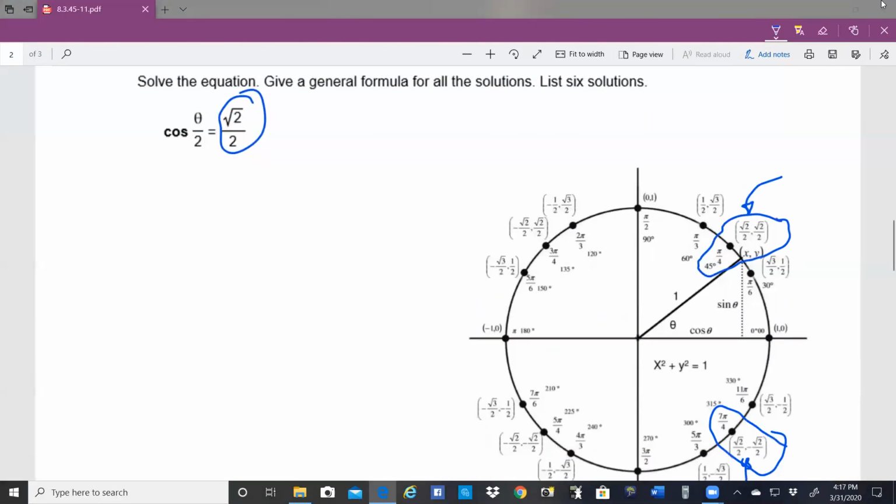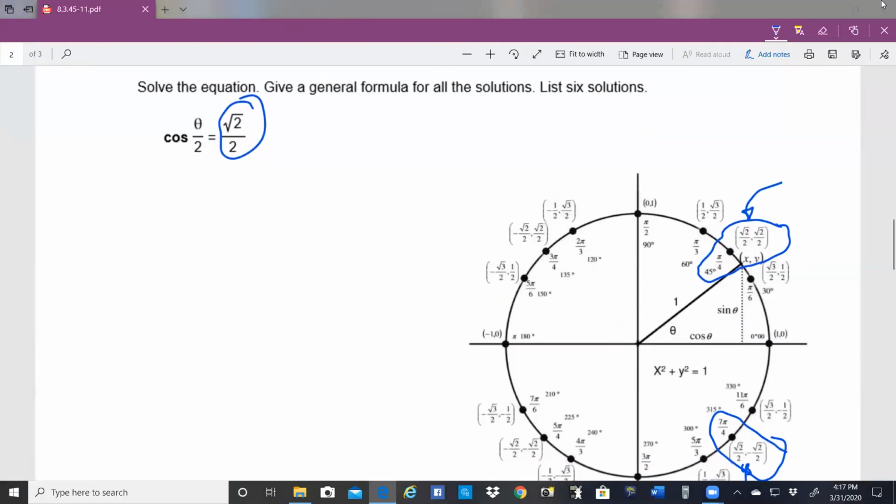So now we've got our starting point, and now we can say that theta over 2 is equal to pi over 4 is a solution. And we know that theta over 2 equals 7 pi over 4 is another solution.